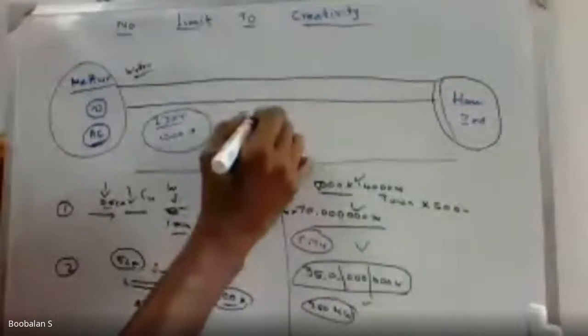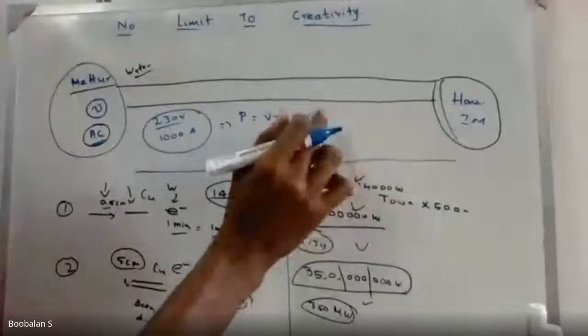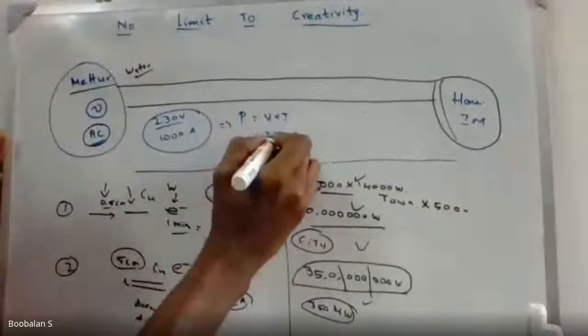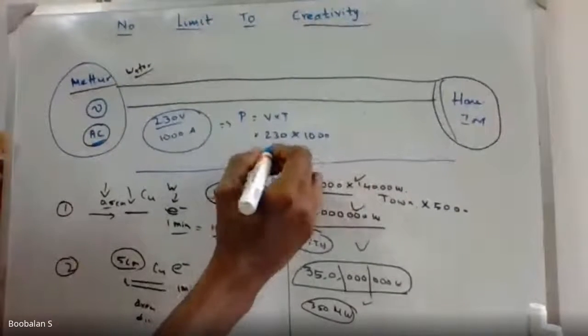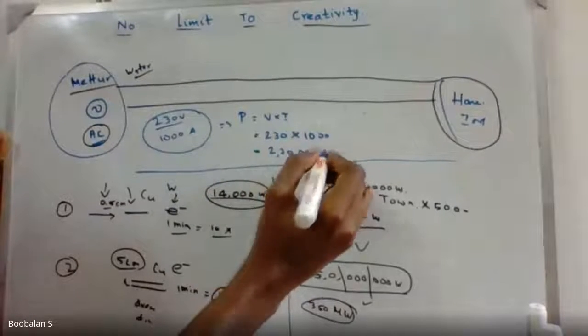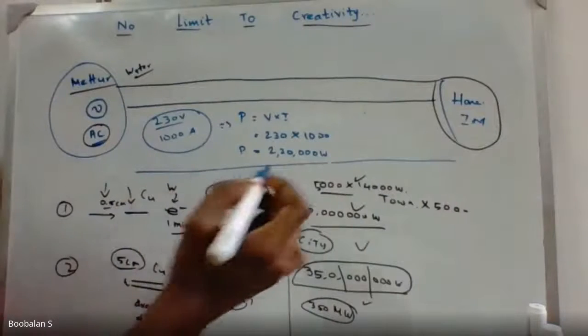Power is V into I into cos phi. For example, if it's AC power, I'm going to consider cos phi as 1. Now V into I, V is 230 into 1000, for understanding purpose. So how much will it come? 230,000. So this is the total power that is going to be generated by this generator, for example, around 230 kilowatts.